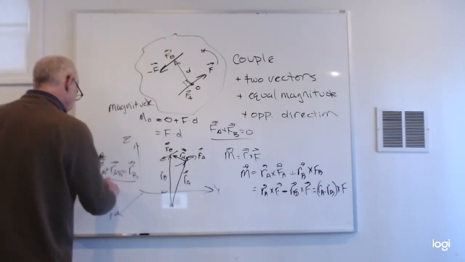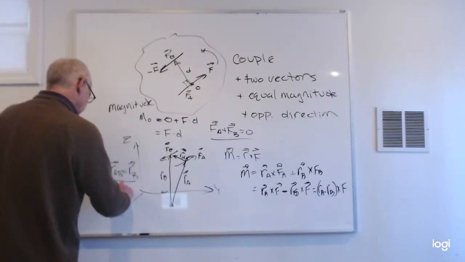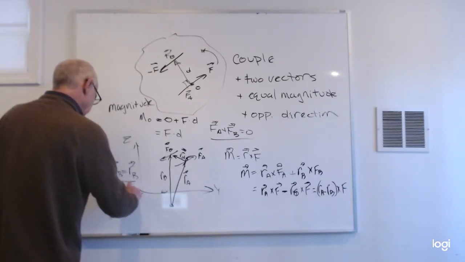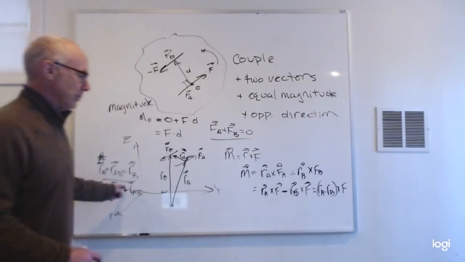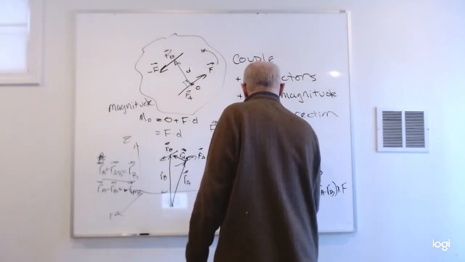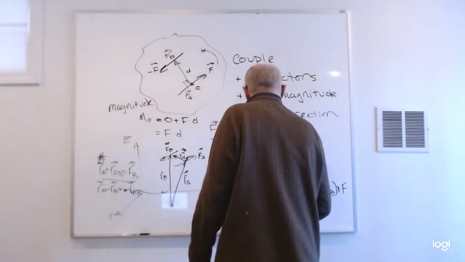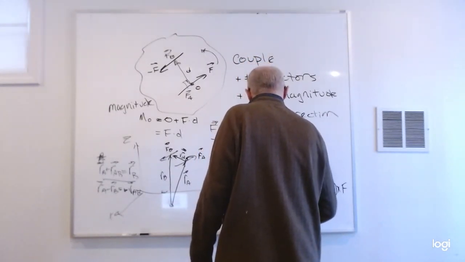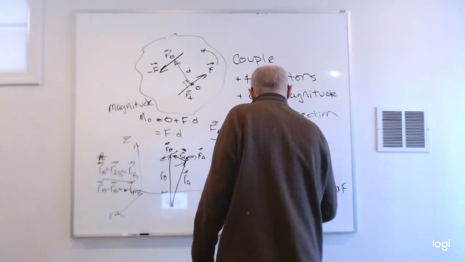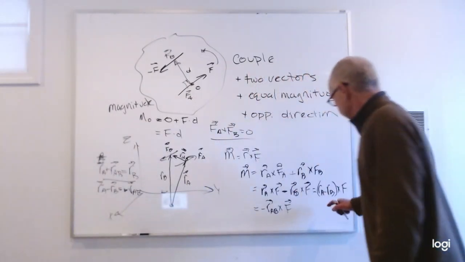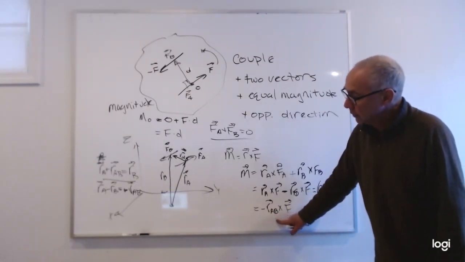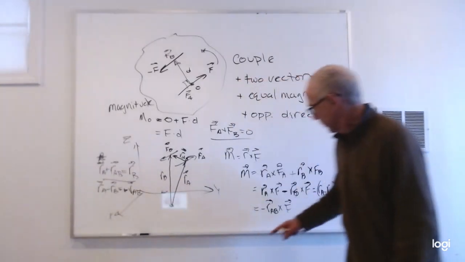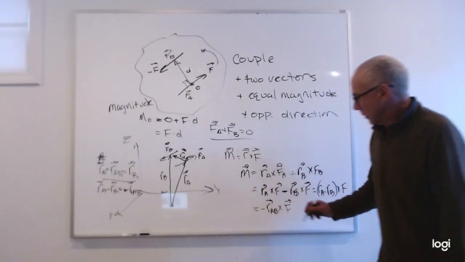So now we can define RA minus RB equals negative RAB. I kind of wish I had defined them the other way. So you're going to end up with a moment equals negative RAB cross F. Because all I did is take this value, RA minus RB, and substitute negative RAB, like I had here, cross F. So this is the moment.